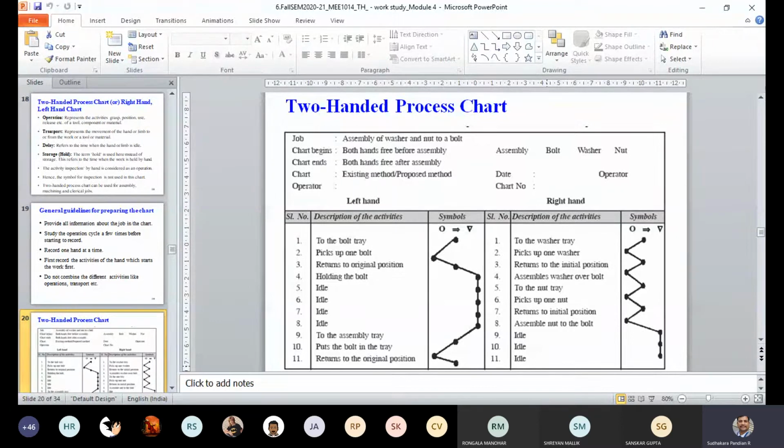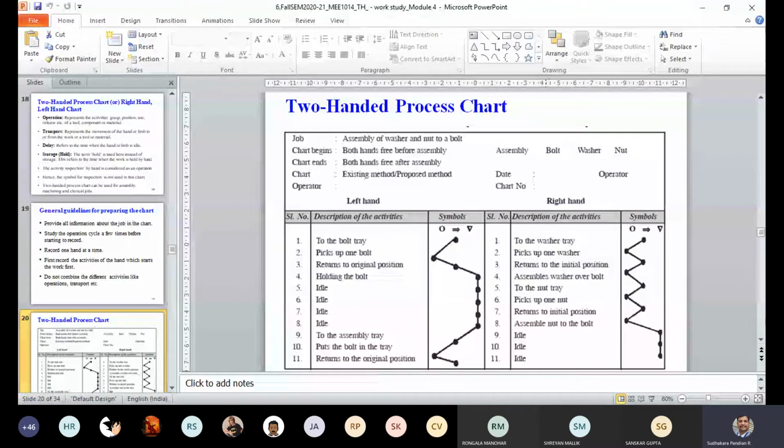Now just go through the right hand. First activity, to the washer tray, picks up one washer, returns to the initial position, assemble washer over bolt. Fifth activity is to the nut tray. Sixth activity, picks up one nut. Seventh activity, returns to initial position.